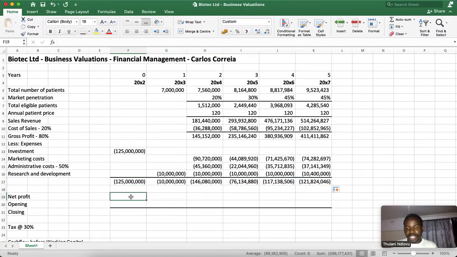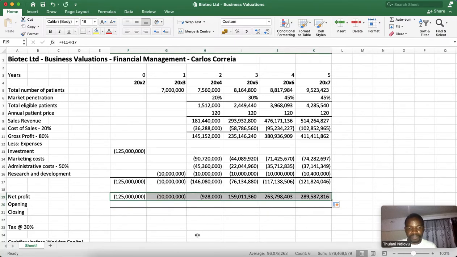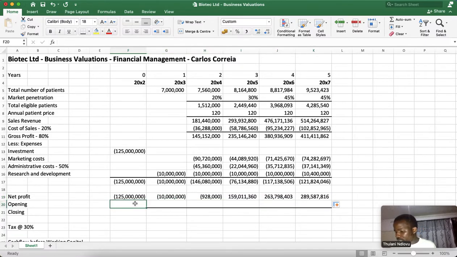We can also now have our net profit, which will be profit minus total expenses. And copy the formula there. Then we are told that at the beginning of the year, there is an assessed loss of 52 million.